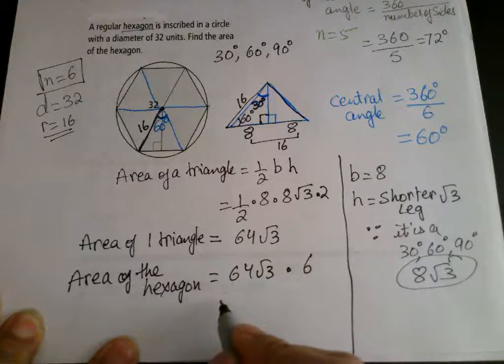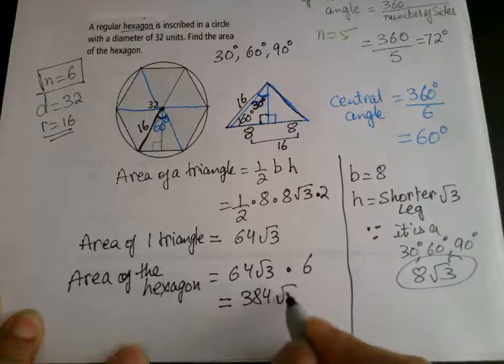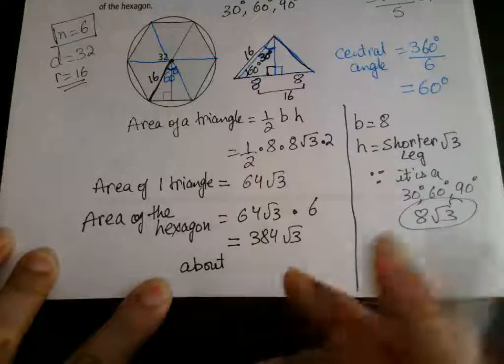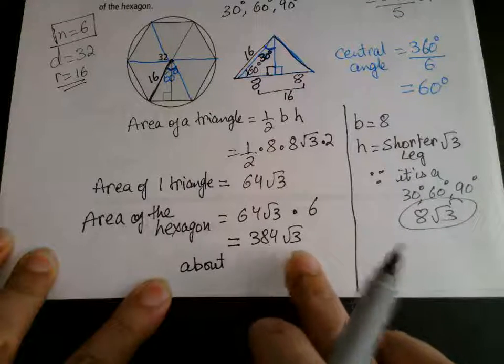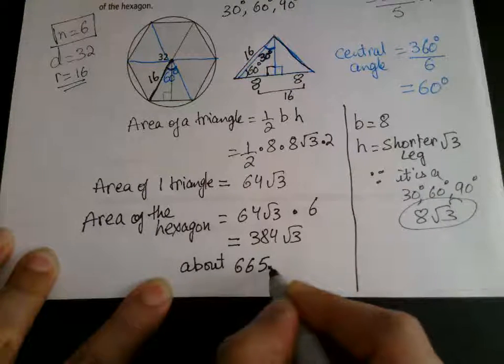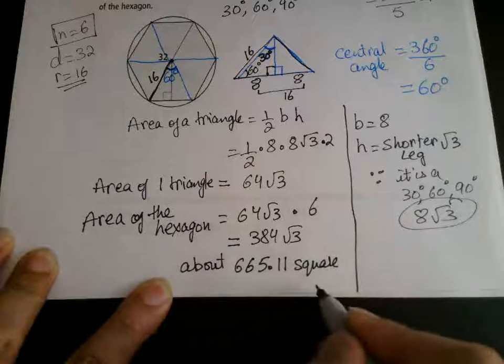And you will get 384 radical 3, or if you convert it into decimal form by simplifying radical 3, it will give you about 665.11 square units.